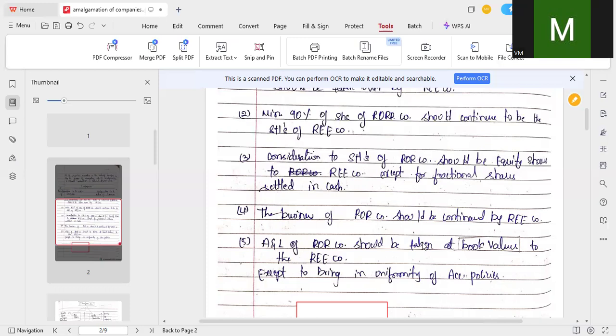You ignore this exception for now, I will tell you later. Just concentrate on these two points. Consideration. I'll just highlight it for your understanding.